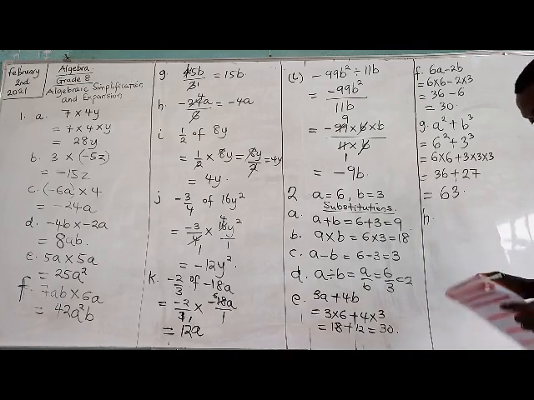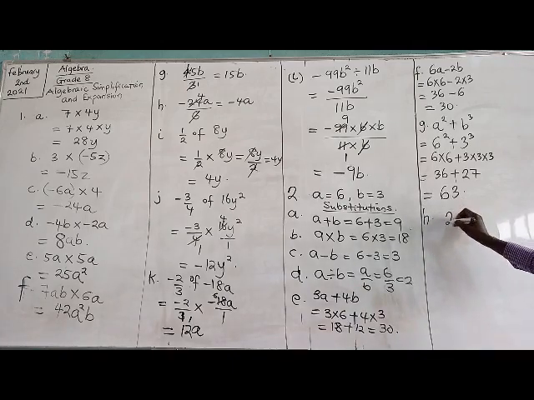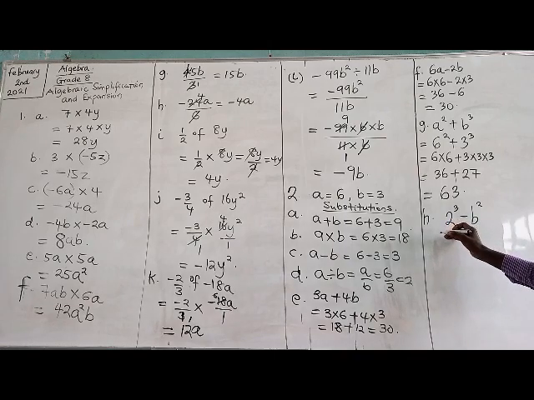And H, for question H, we have 2 cubed minus b squared. 2 cubed minus what? B squared. So how do we handle this? This will now be equal to 2 in 3 places minus b in 2 places. 2 in 3 places, b in what? 2 places.